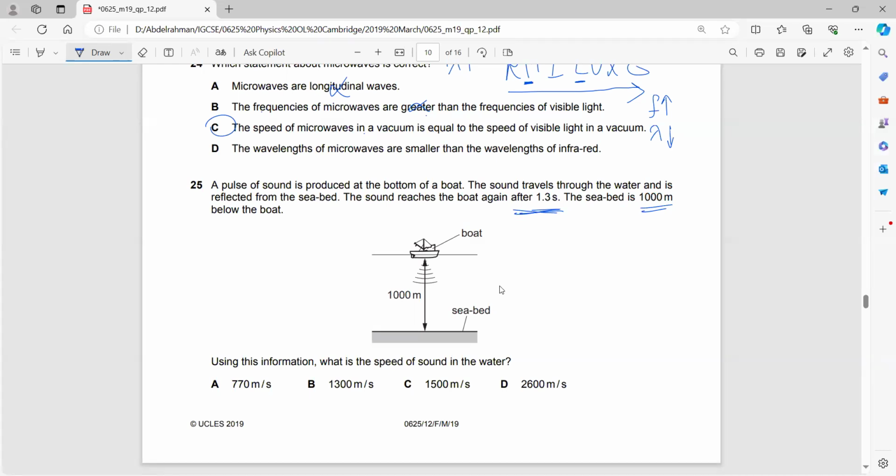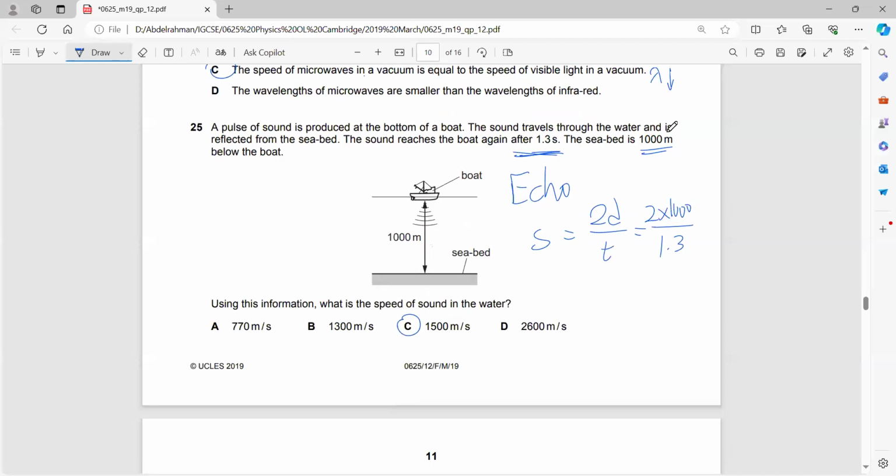This is an echo. How can we find the speed in an echo? Speed equals 2 times distance over time. 2 times 1,000 divided by the time, which was 1.3. So 2 distance over time, which would be C.